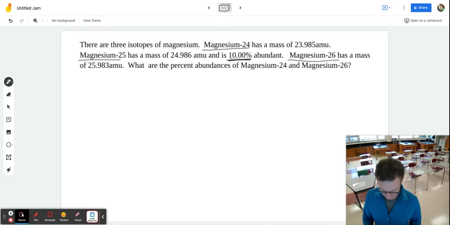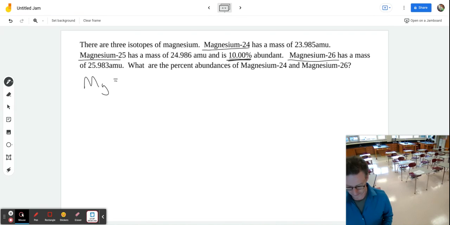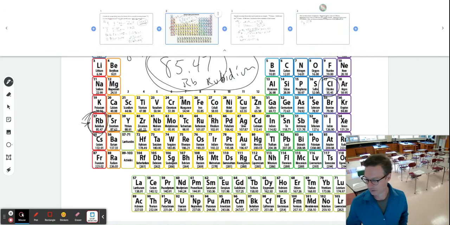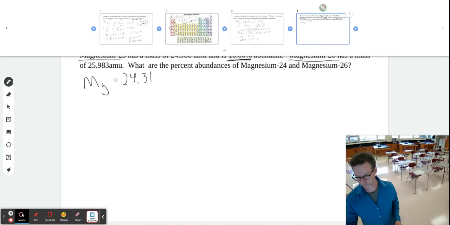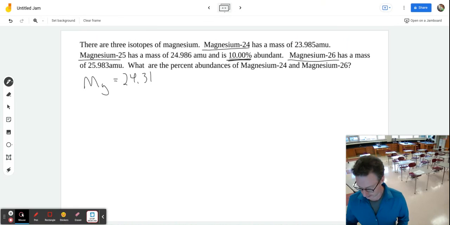We have to go back and find the average atomic mass of magnesium, and I'll just tell you it is 24.31. You can find that on the periodic table here, and then we're going to go back to the problem. So we've got 3 isotopes.